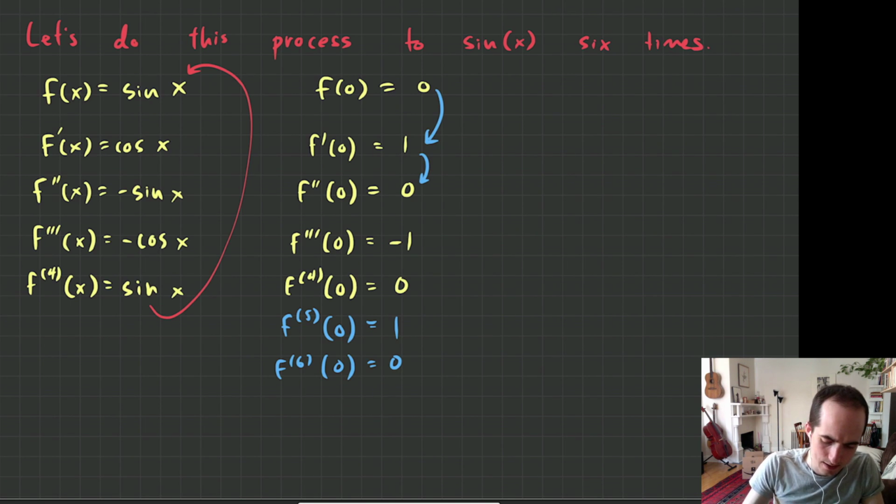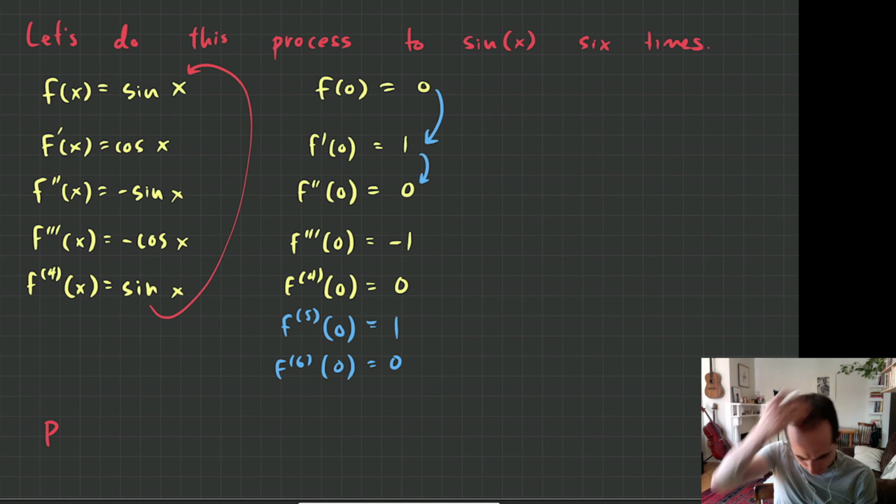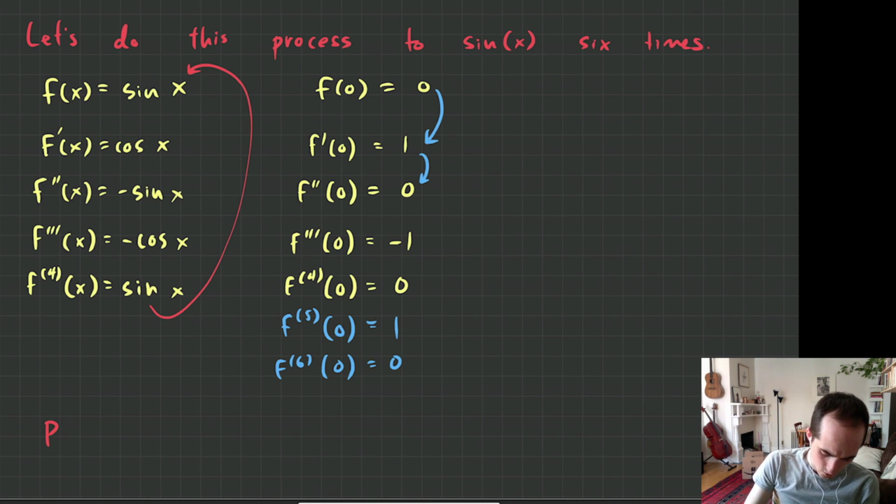And we would do that by basically doing the same thing that we did with the factorials. So let's call this function p. P stands for polynomial, and I'm going to say that this is the 6th polynomial because we did this 6 times. So I've got p sub 6 of x is equal to, and I'm going to start at f of 0.